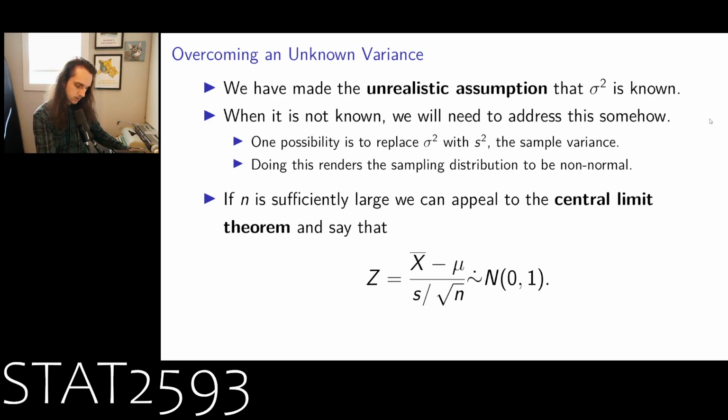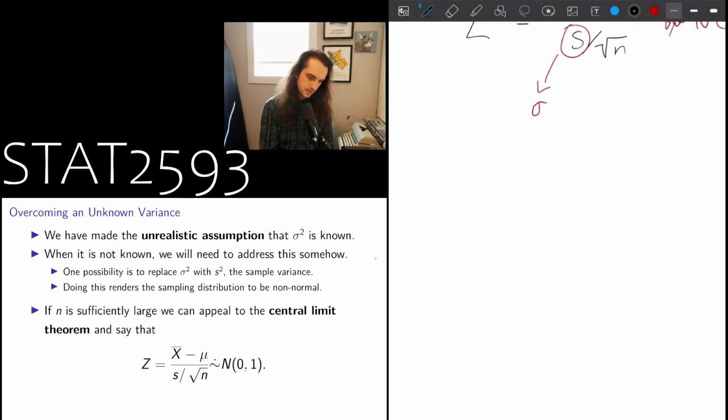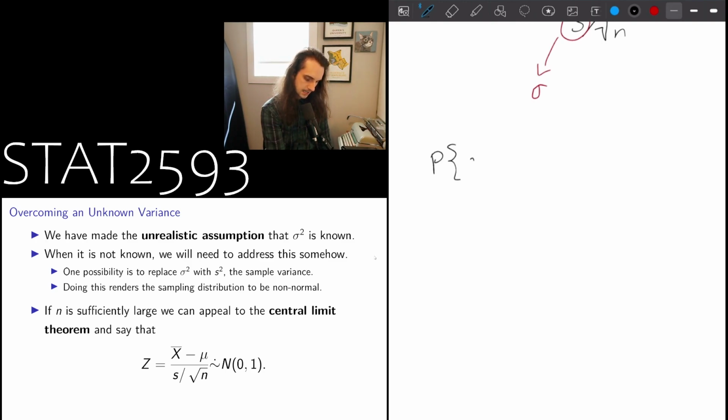So let's just remember what that process was. We said that we can find two values, a less than or equal to x bar minus mu over s over square root n, less than or equal to b, such that this is going to equal 1 minus alpha. And then we can find a and b as the critical values from our normal distribution here.